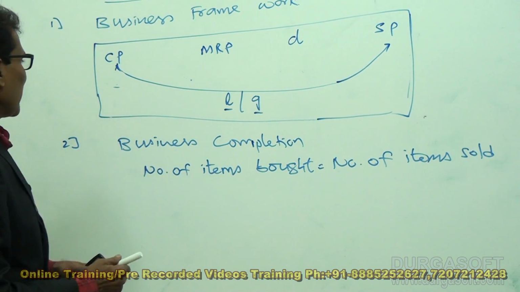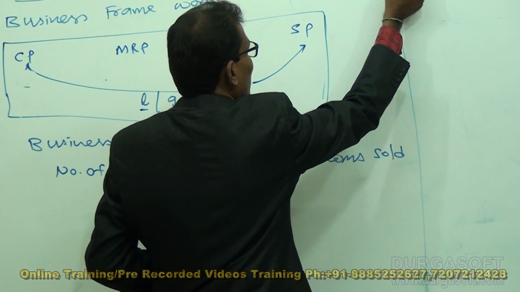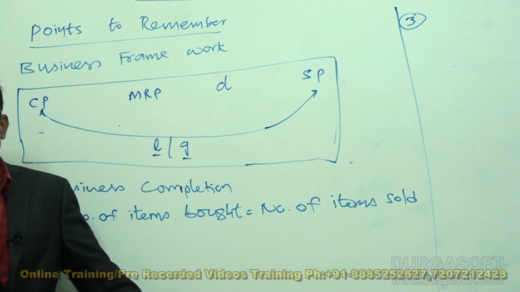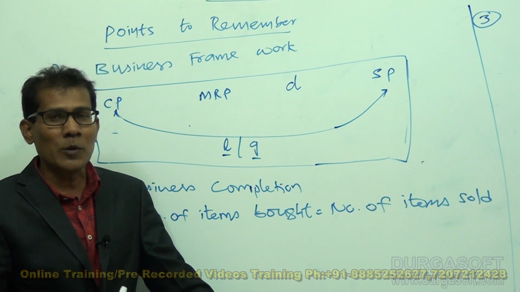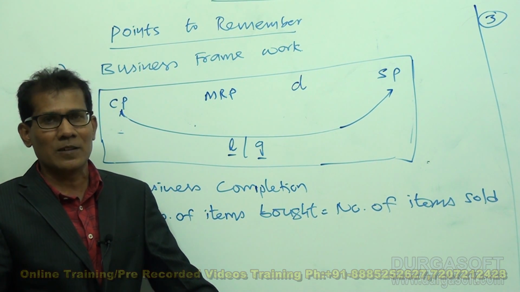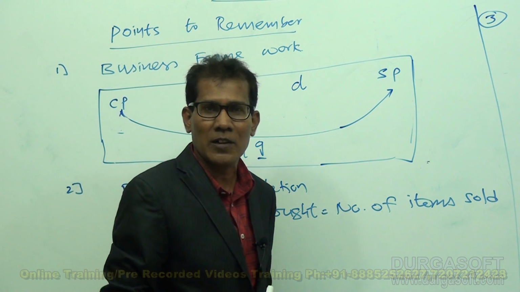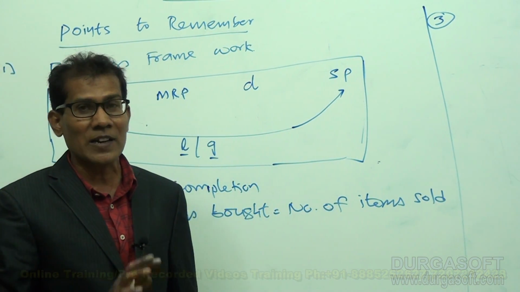Second point. And next, third point. The loss or gain is expressed in terms of percentages. Then based on which amount do we need to calculate the loss percent or gain percent? It is very important. Always the loss percent or gain percent should be calculated only on cost price, never on selling price.